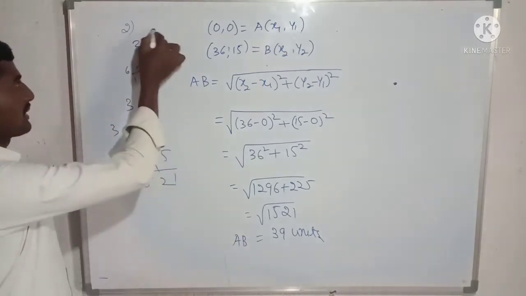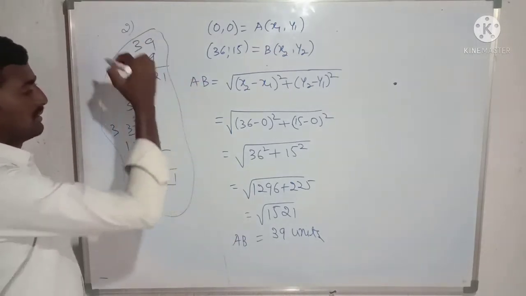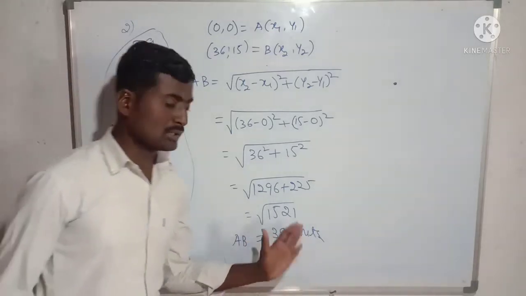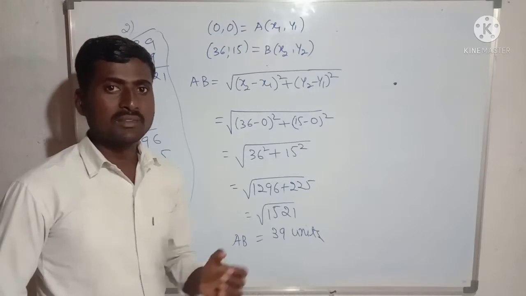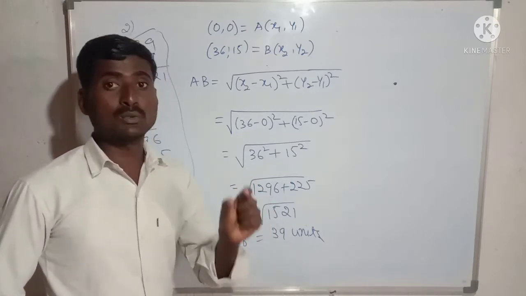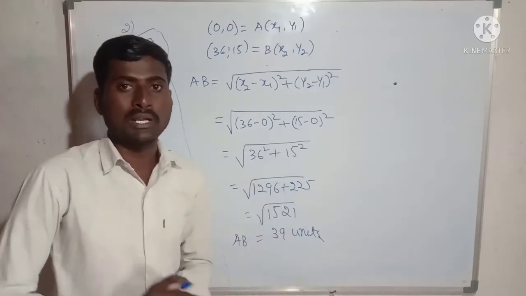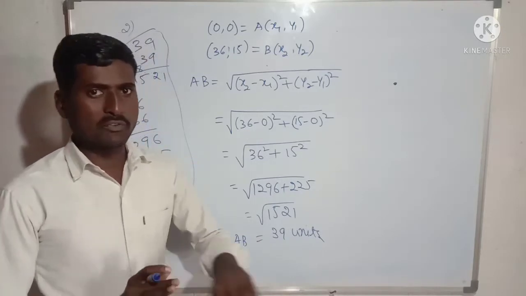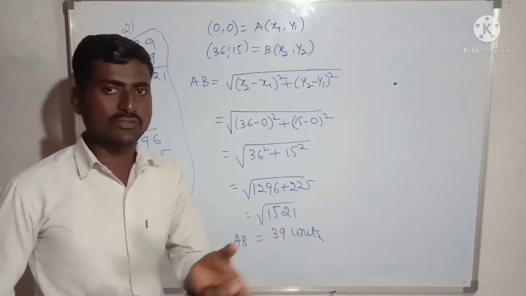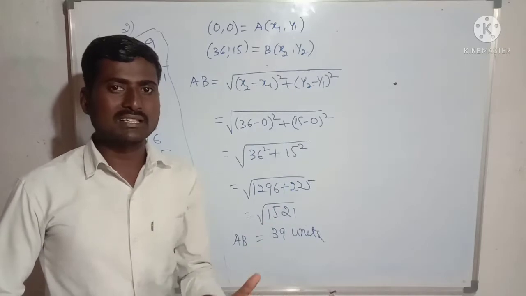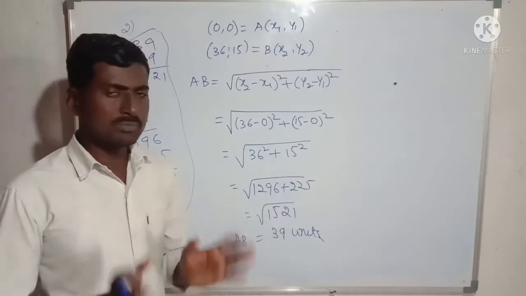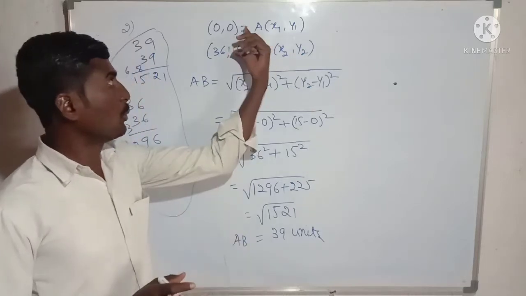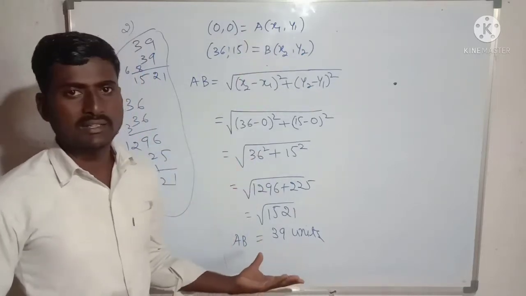So this is all about rough work only, okay? We got the distance between these 2 points. And one more thing they said, can you find the distance between the 2 towns A and B discussed in 7.2. Before this, in that distance formula, in the textbook you can see they explained 2 towns A and B. If you know the 2 points, then easily you can find the distance, okay?